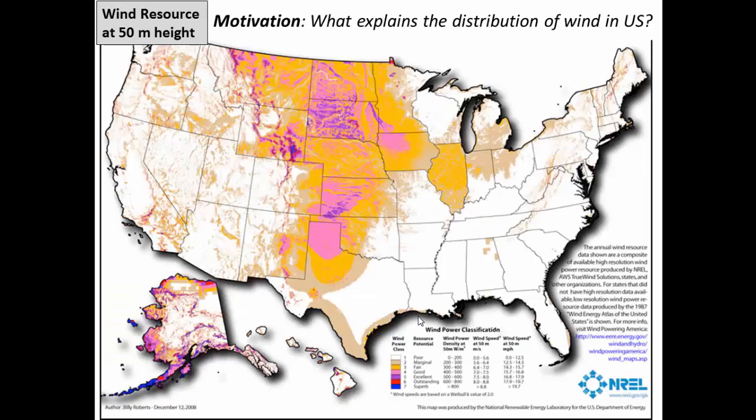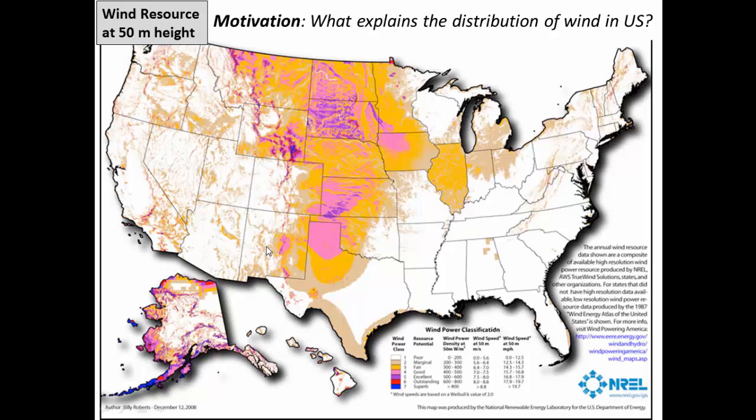To motivate this a little bit, here's a map of wind electrical generation potential in the United States. It's fascinating to look at this distribution and think about why it looks this way. The thing that really catches your eye is all these great, very windy areas in the Midwest, just on the east side of the Rockies.